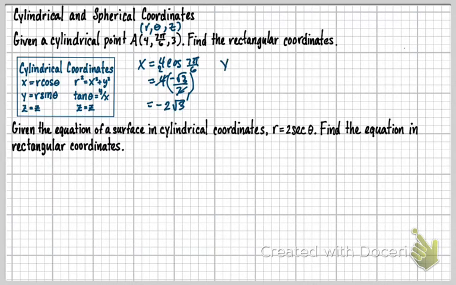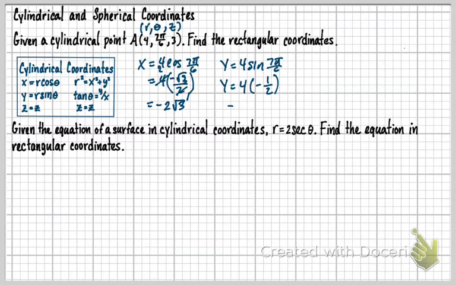The next one is y equals, and then 4 for my r, and then I'm looking at the sine of theta now. So that's going to be the sine of 7π/6. What I get for this is y equals 4 times the sine of 7π/6, which is negative 1/2.